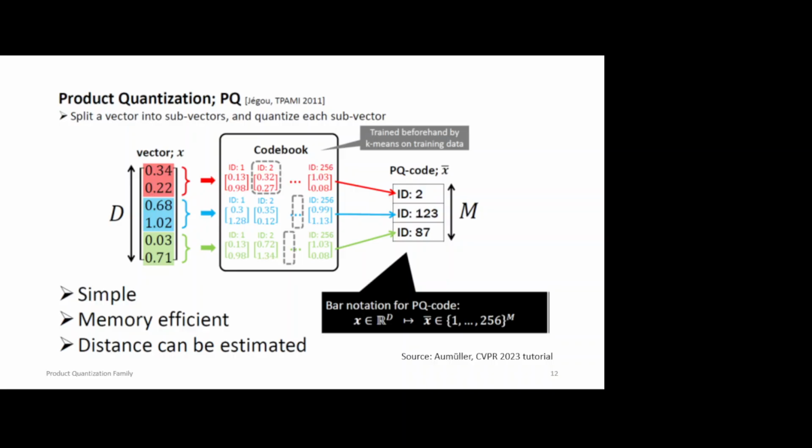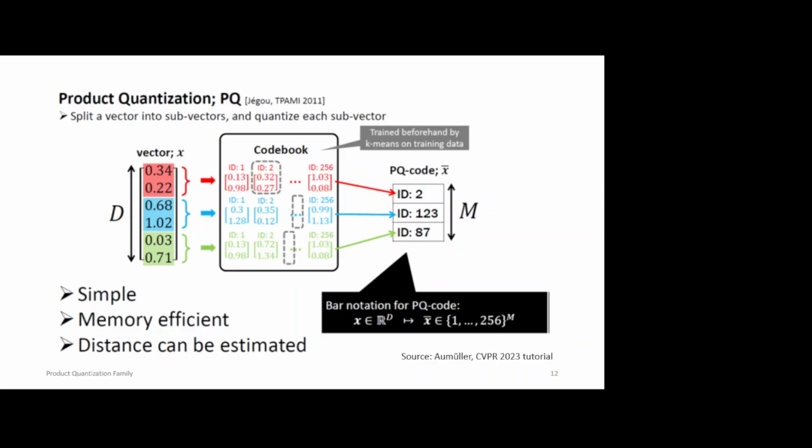We already built the codebook, so we can use k-means to build the codebook first. So here you see the codebook for the first segment has 256 centroids. Each codeword is a vector here. For the first segment, we check which centroid is closest to this 2-dimensional vector.